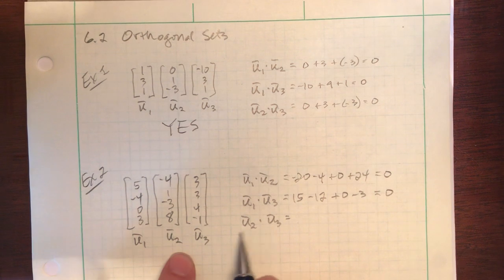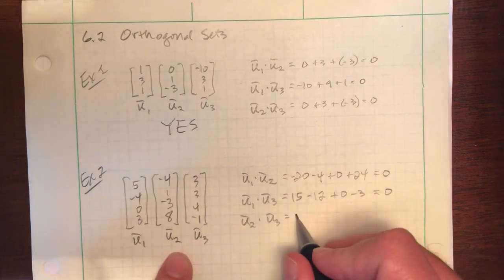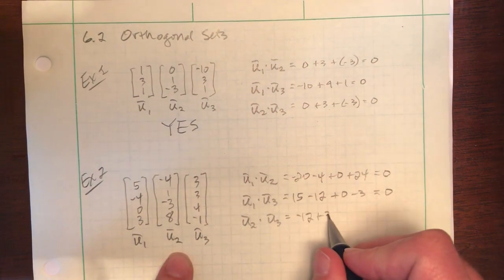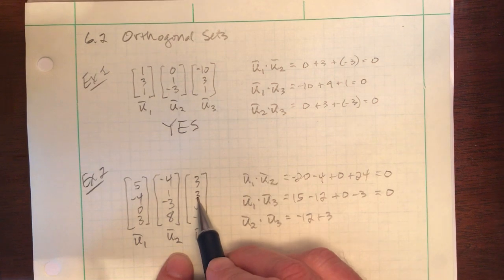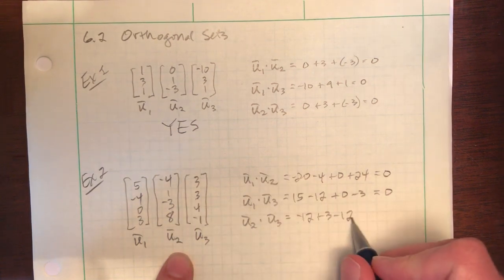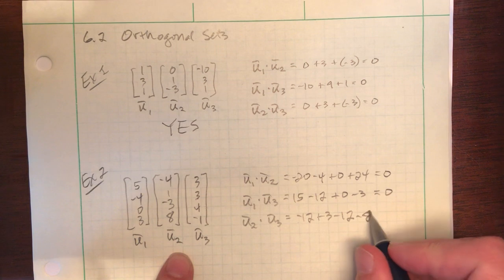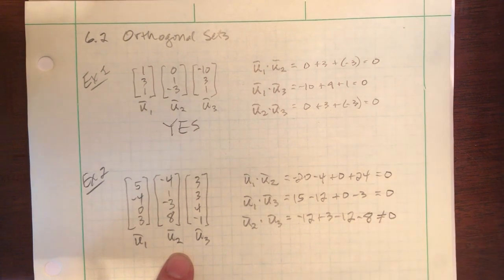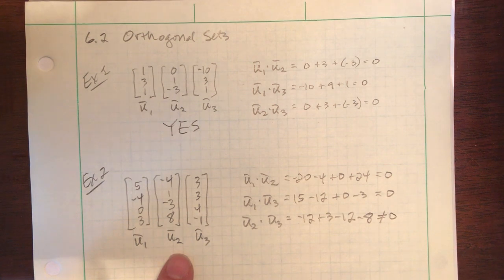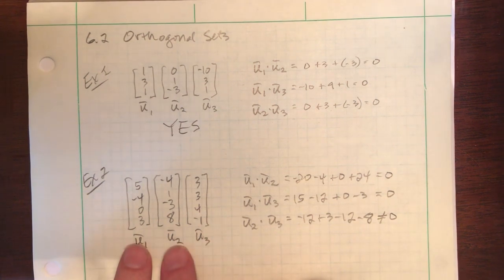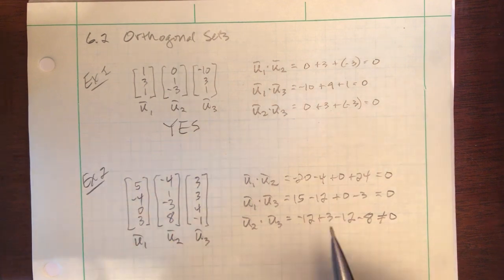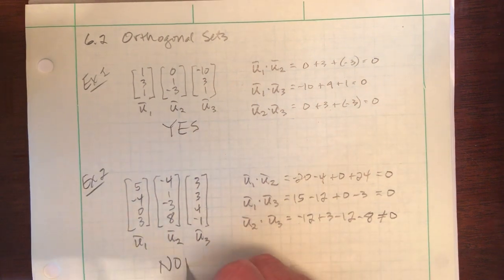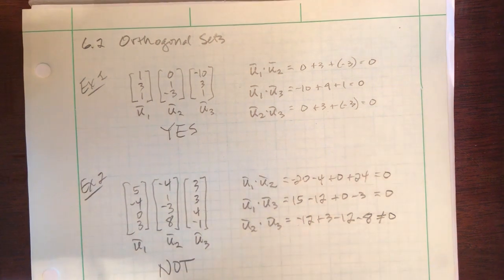And finally, the last pair, u2 to u3, we've got negative 12, positive 3, minus 12, and minus 8. Ugh, not 0. So we were almost there. The first and second are orthogonal, the first and third are orthogonal, but 2 and 3 are not. So this is not an orthogonal set.